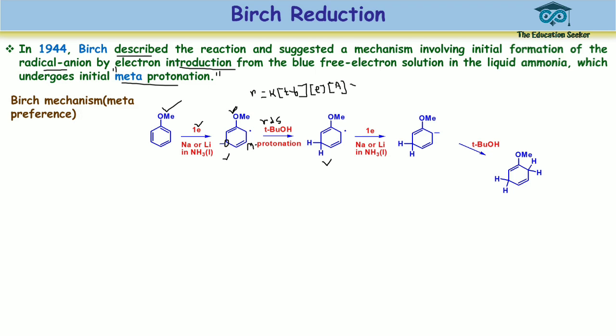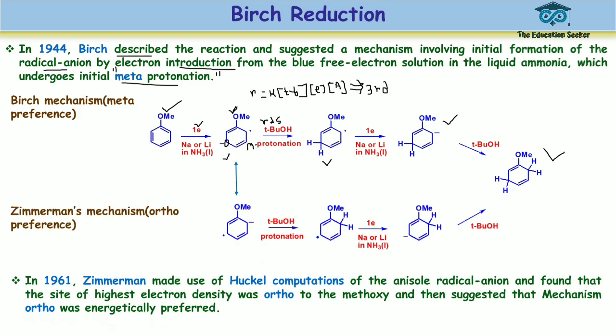So it is basically coming out to be a third order reaction. And now in the third step, this radical accepts another electron and generates this anion. And this anion in the last step abstracts a proton from tertiary butanol to form the product.